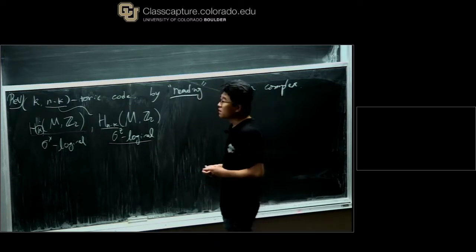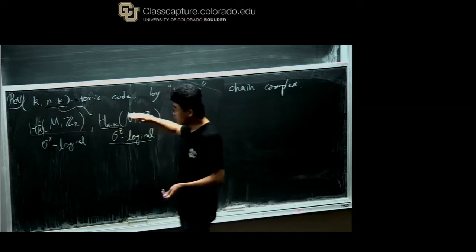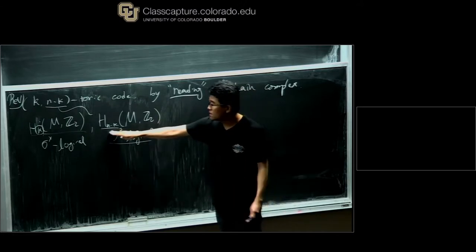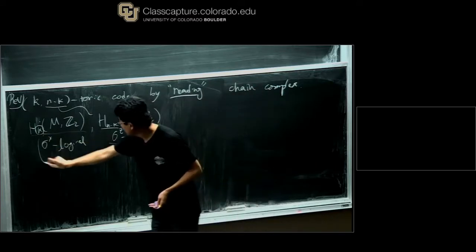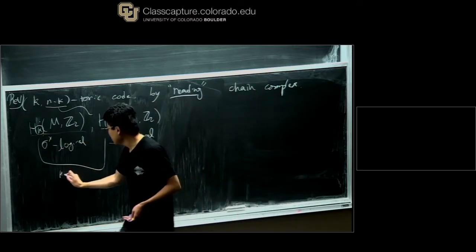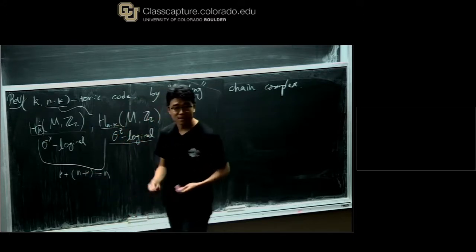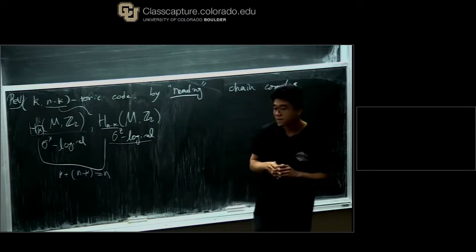The pattern is obvious. If you have a certain dimensional logical operator, the conjugate operator that acts on the logical qubit lives on the conjugate dimension. And the important thing here is that k plus n minus k was equal to n. So there is some dimensional duality between the logical operator's shape.